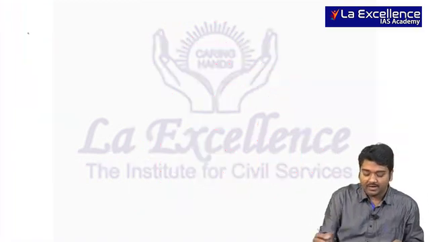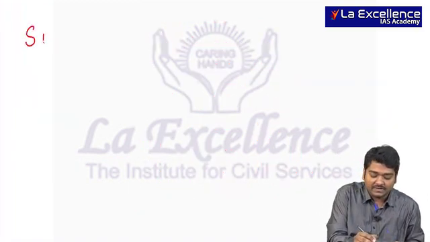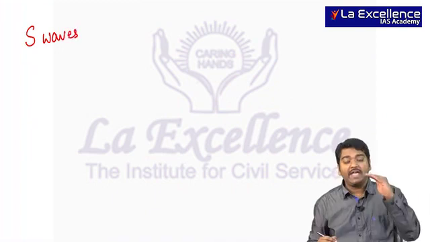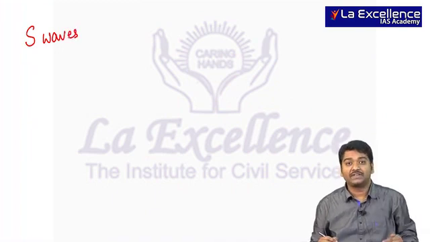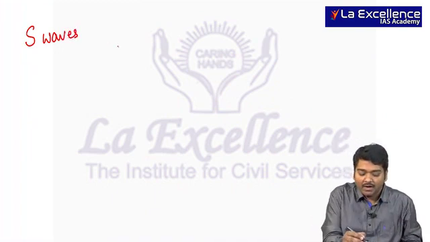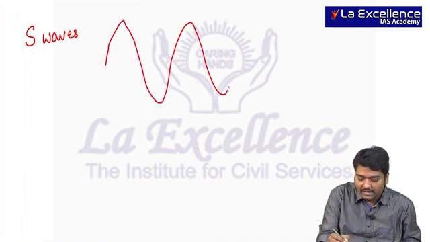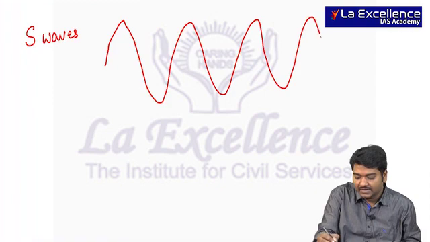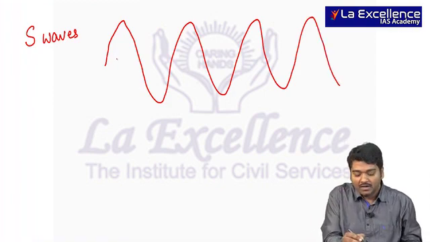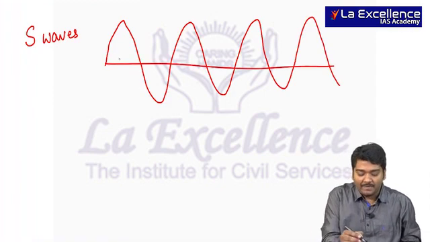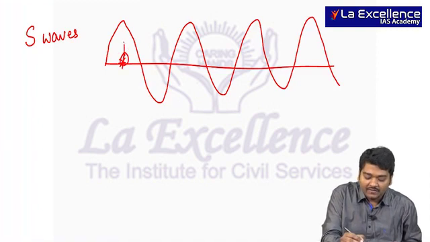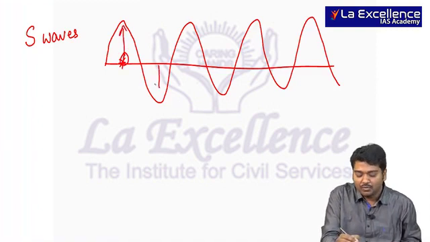The next important thing is secondary waves or S waves. They actually come and reach the surface after P waves. Now how do they travel? They travel as light waves, transverse waves we call them, like this. If you have a particle here, the particle will move up, move down, move up, move down.